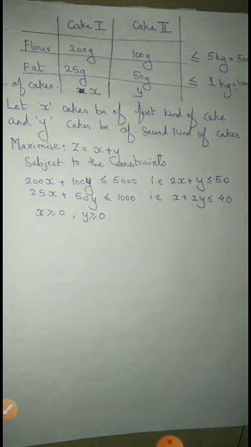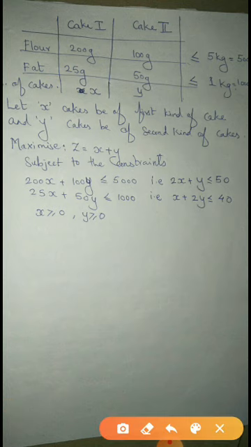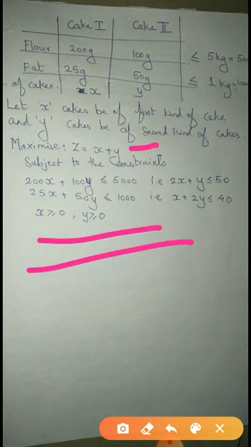In order to write, I'll write maximize Z equal to X plus Y subject to the constraints 200X plus and so on, accordingly. This is our formulation. The graph I have not drawn, that is homework for you. The main part is the formulation, which I have just explained.